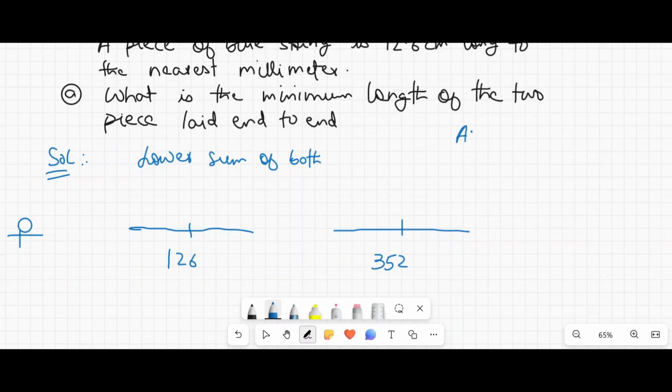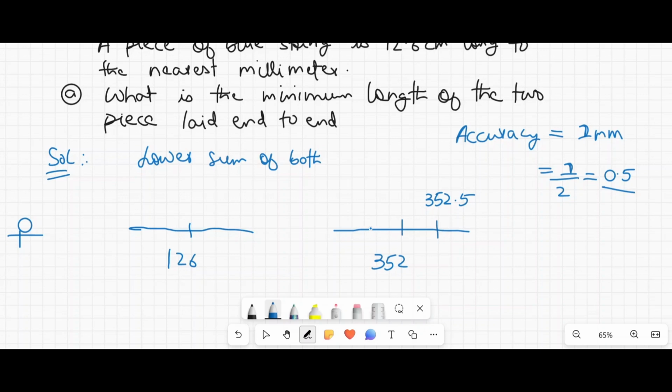So here the accuracy is 1 millimeter. So the error term is 1 divided by 2, you will get 0.5 millimeter. So 352 plus 0.5, you will get 352.5, and this is our upper bound.